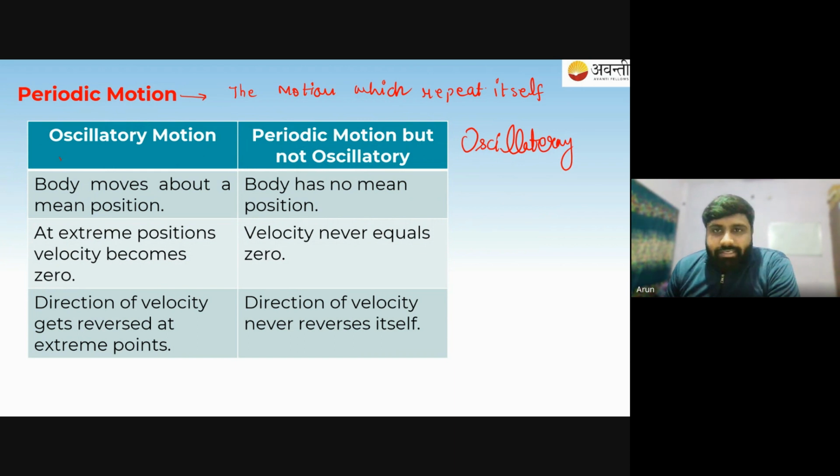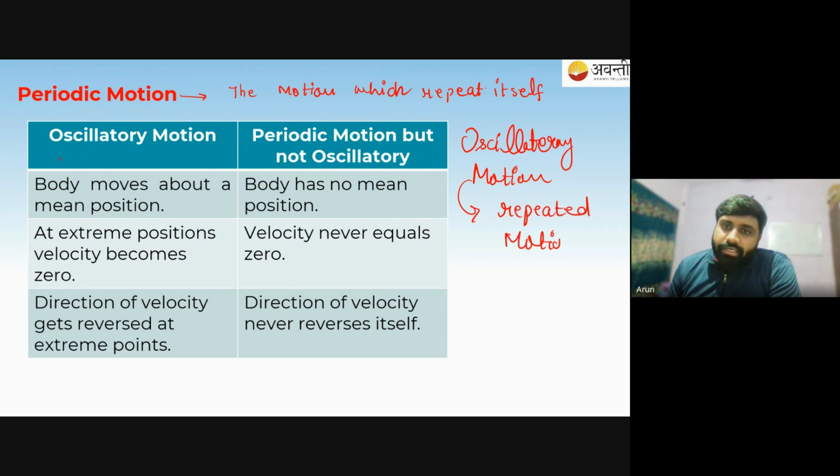Spelling may not be correct, but it's fine. Oscillatory motion is also repeated motion, but it is a bounded motion.